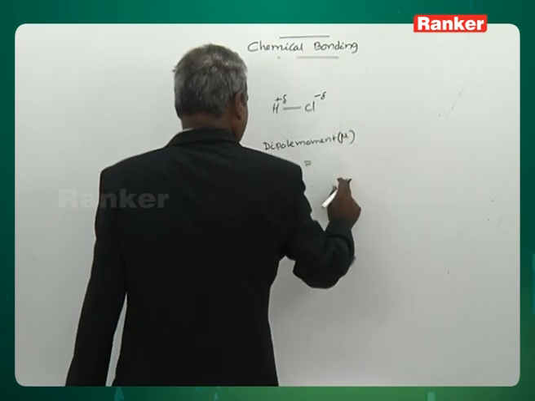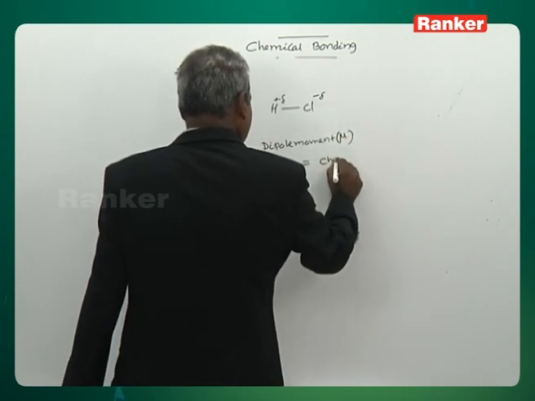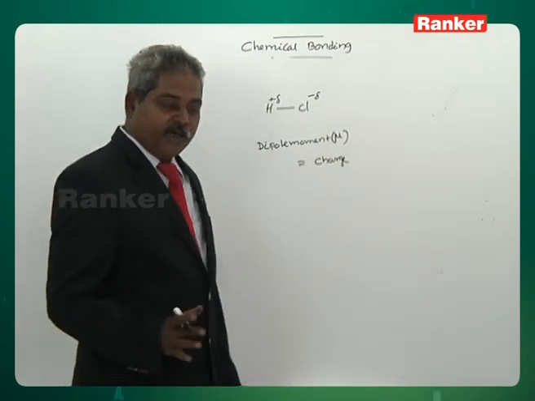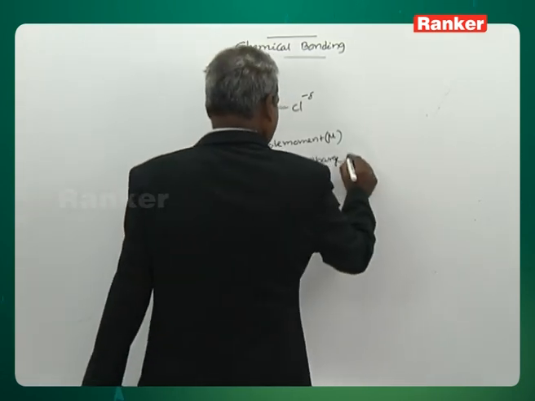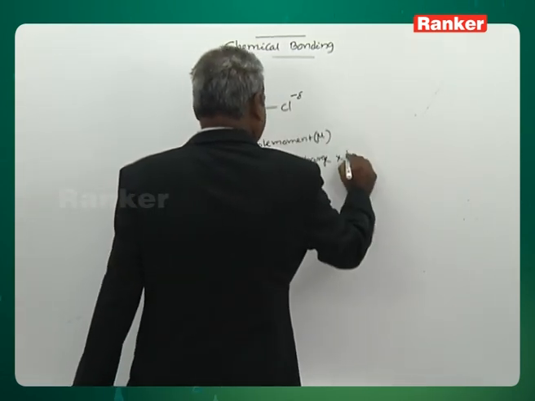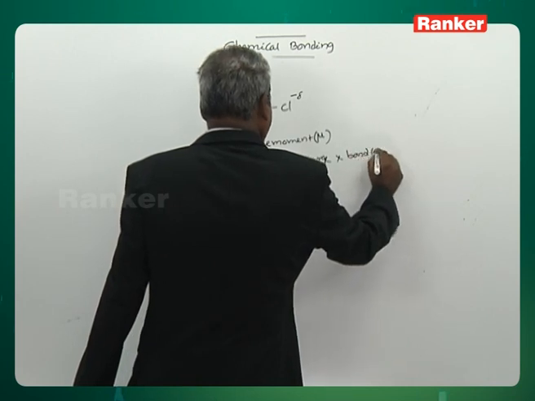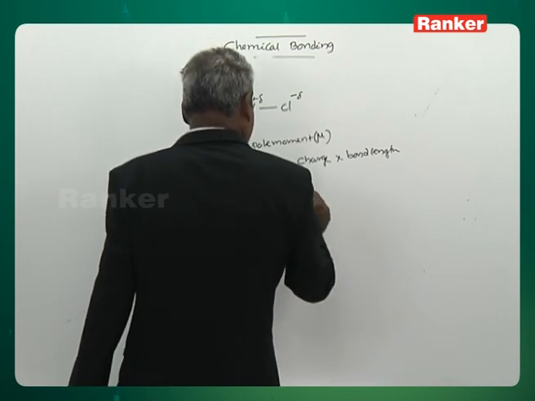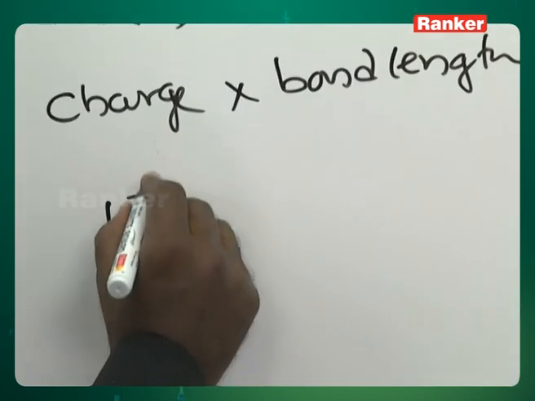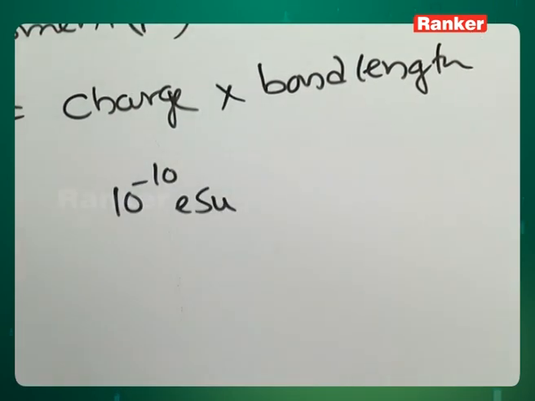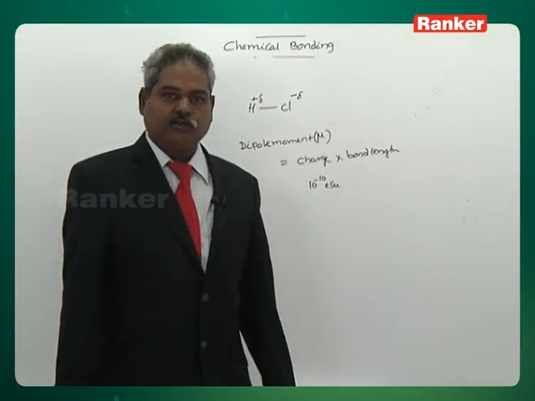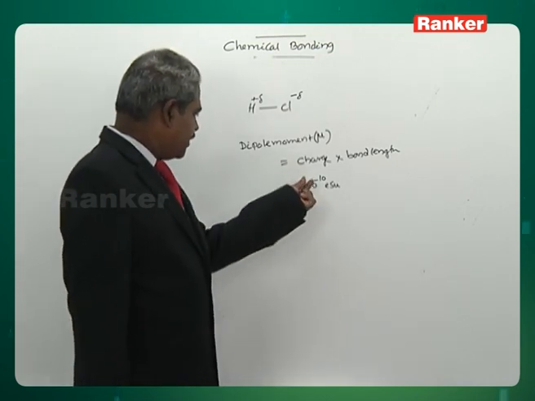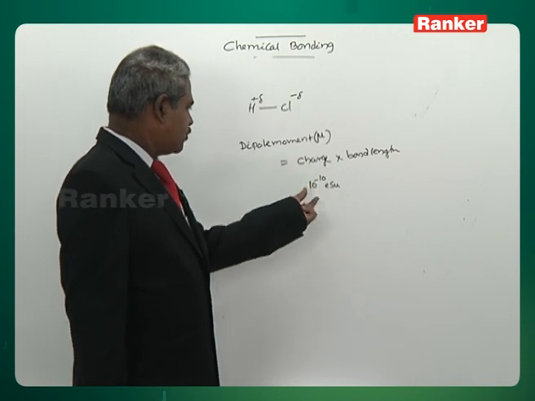Dipole moment mu is equal to the charge acquired by each atom, whether positive or negative, into distance. Charge into distance, which is called bond length. Charge into bond length. Charge is of the order of 10 power minus 10 electrostatic units, say 4.8 into 10 power minus 10 electrostatic units.